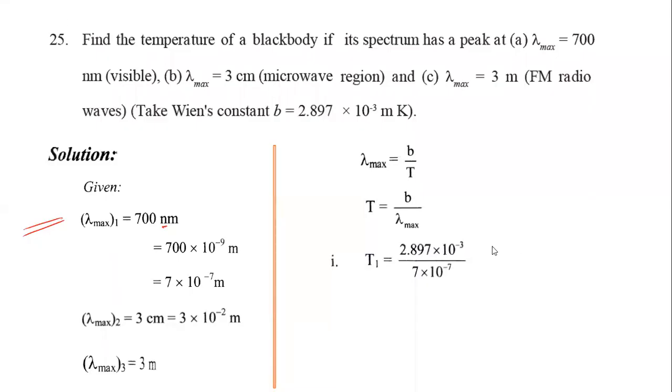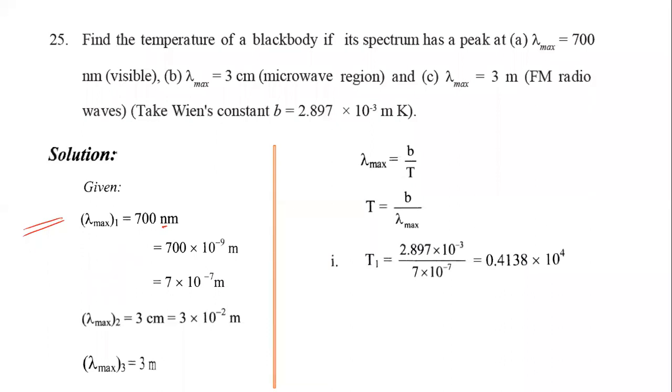Now pay attention. After doing this calculation, we get this answer. You know that 7 times 4 is 28, so 0.4 definitely you are getting, and the later number is 138. So 0.4138 into 10 raised to 4.